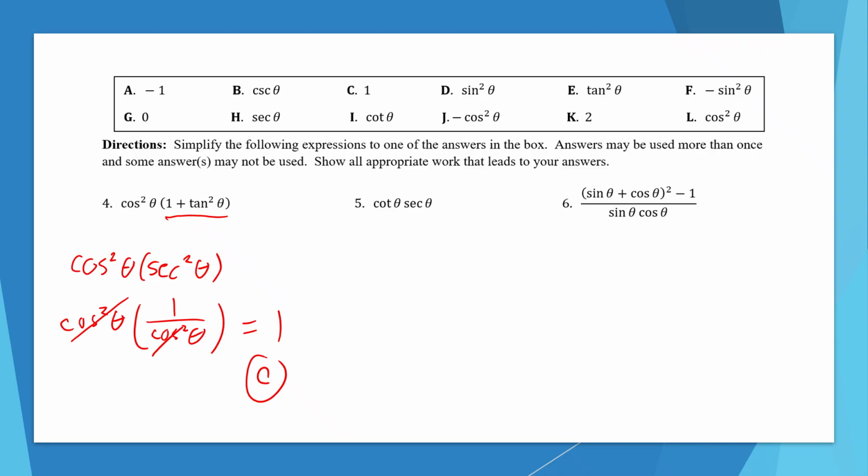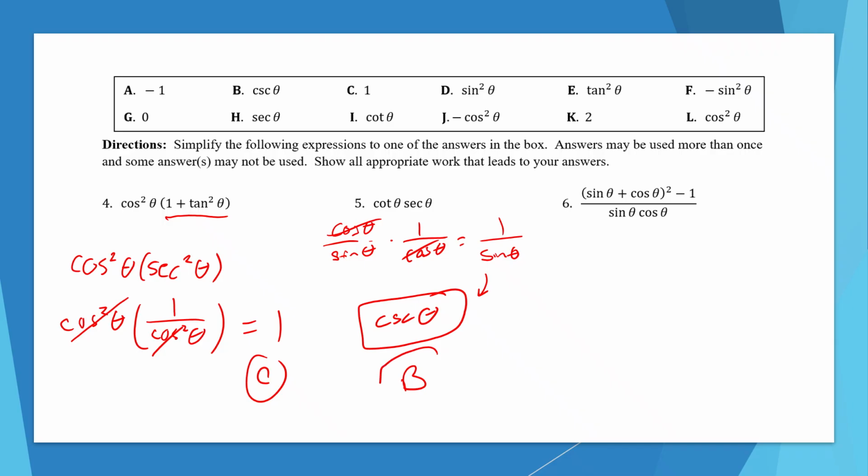So C should be our answer for number 4. For number 5, cotangent is cosine theta over sine theta, and then secant is 1 over cosine theta. Here, those will cancel out. We're left with 1 over sine theta. That is not any of our answer choices, but I know that is equal to cosecant theta, and so B should be our answer for number 5.